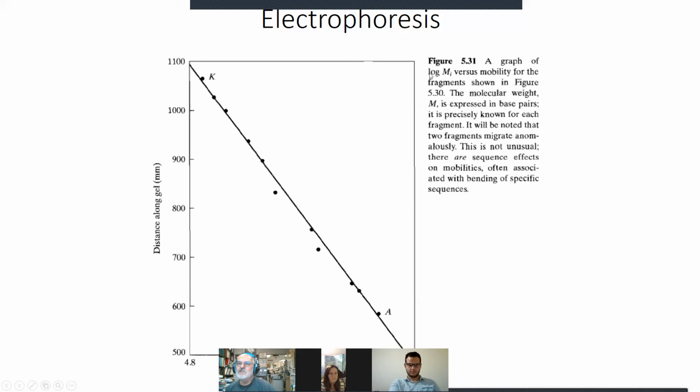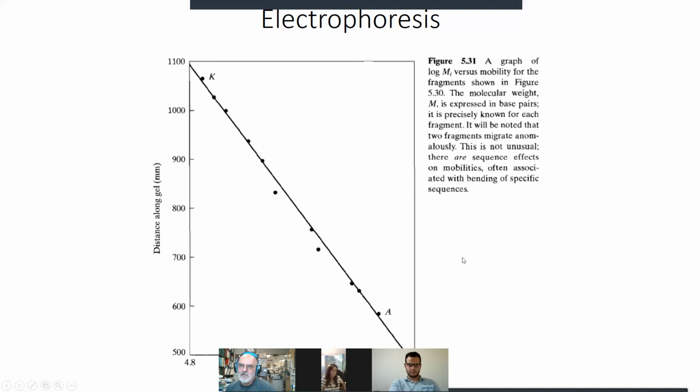So in the text, it says log molecular weight. Down here, it says log number of base pairs, okay, which is proportional to the molecular weight. Okay, and what you see is that the distance moved is linear with the log of the molecular weight. So this was a phenomena that was noticed soon after these kinds of studies were being done.